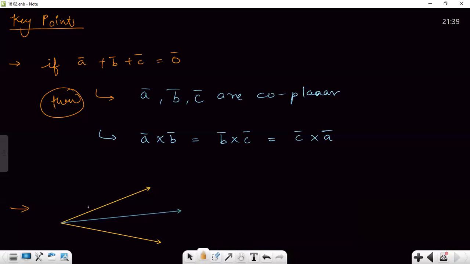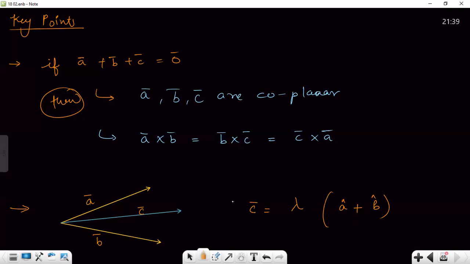And how do we find out? Say this is A vector and this is B vector, and we are calling the internal bisector as vector C. So it will be given by C vector is equal to lambda, which is a scalar quantity here, into the unit vector of A. I should write unit vectors only. So A vector's unit vector plus B vector's unit vector.